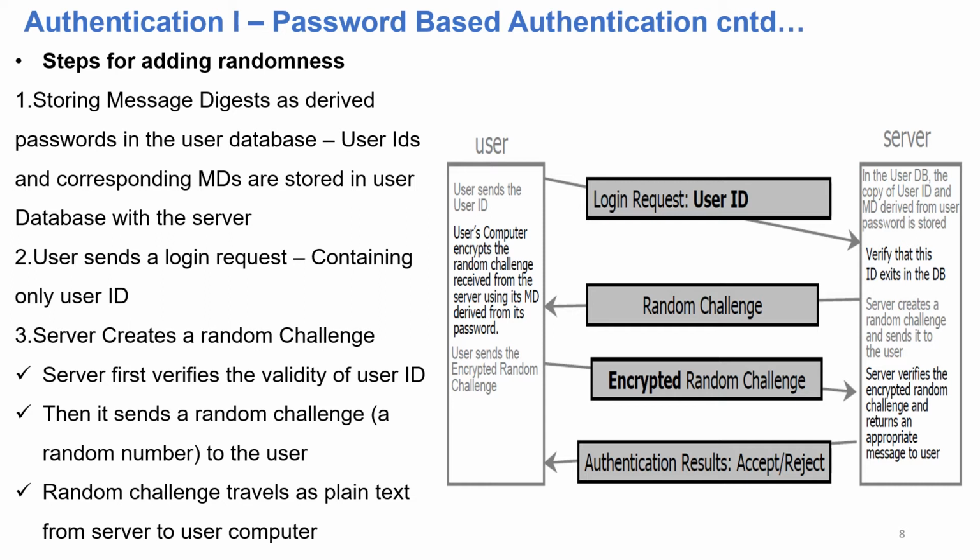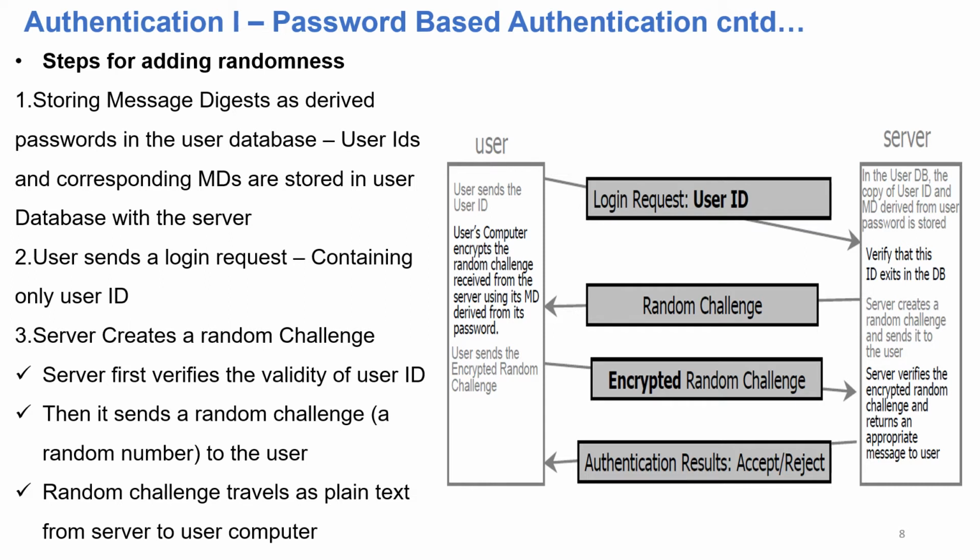So when the user sends the login request to the server, the first step is that the server will verify that this user ID actually exists in the database. If it is guaranteed that this ID exists in the database, it sends a random number back to the user. This random number is in the form of plain text. The user will receive this random number, or random challenge, and encrypt it using the message digest that is derived from the user's password, and this encrypted random challenge is sent back to the server.